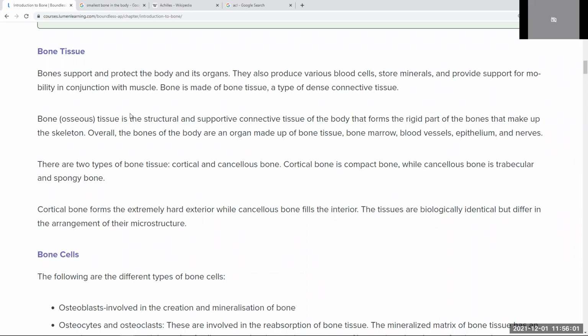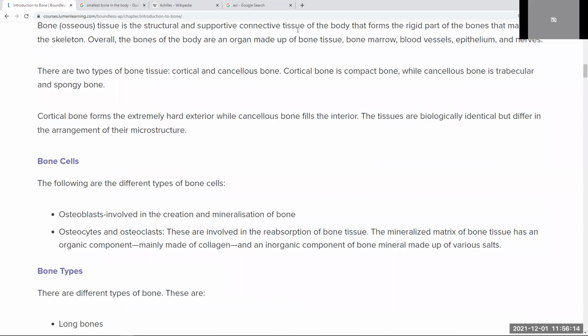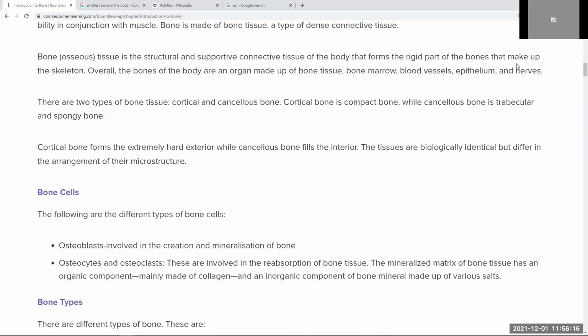Sometimes we forget that when we only think about this white representation, which we often see in the lab or on TV. But bone is really a live tissue, and it's a connective tissue that forms the rigid part of the bones that make up the skeleton. The bones of the body are an organ made up of bone tissue, marrow, blood vessels, epithelium, and nerves.